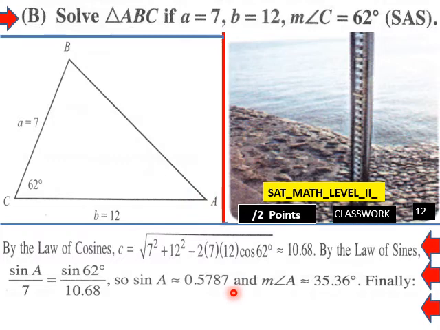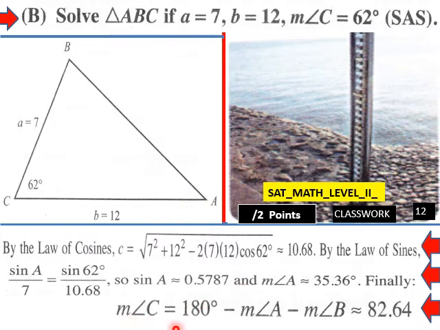Finally, the measure of angle B here would be 180 minus A minus C, and now it comes out to 82.64 by that rule there. So we can find the measure of the third angle: 180 minus the measure of A minus the measure of C.